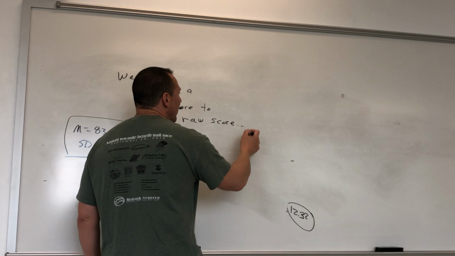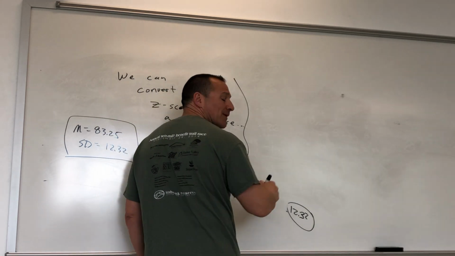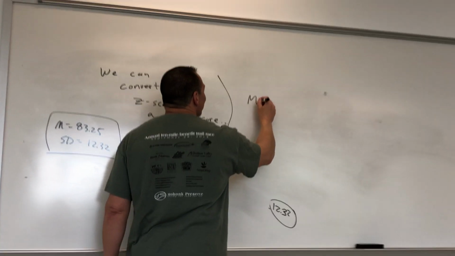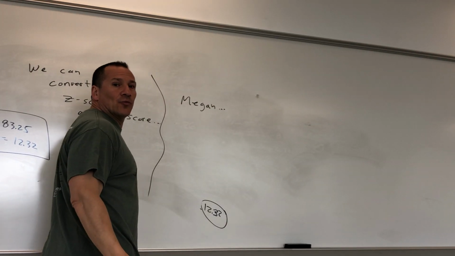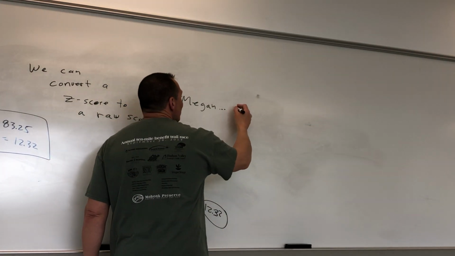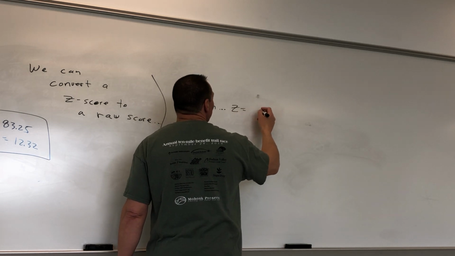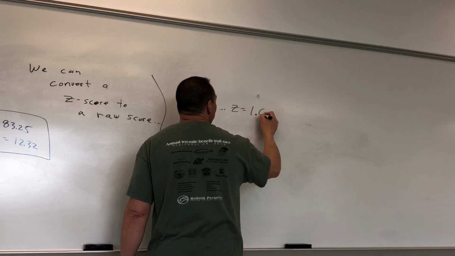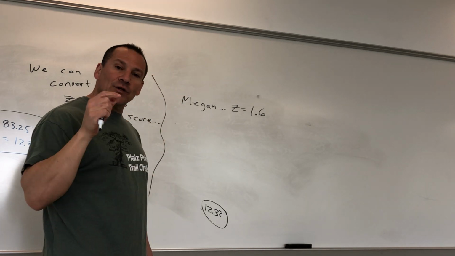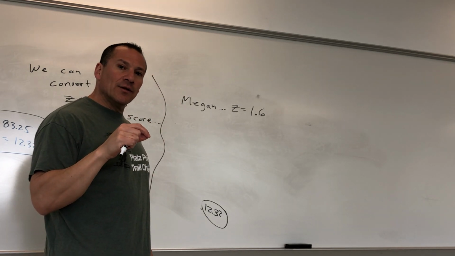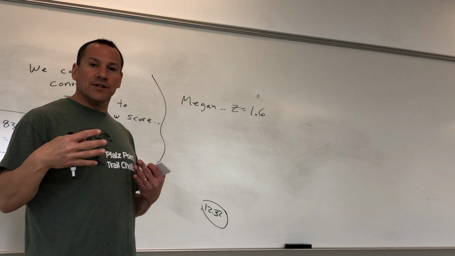Okay, so now I'm gonna make another joker. This other joker's name is Megan. And what we know about Megan is that her z-score equals, I'm gonna put 1.6. Now, if you know someone's z-score, what do you do?